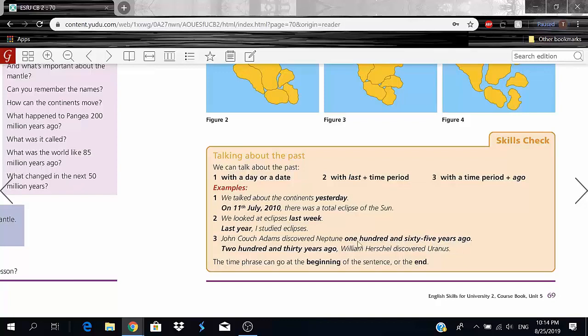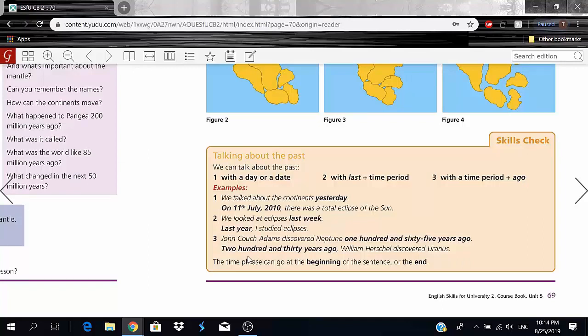See, I can't just say 165 years and stop. No, I gotta say ago to indicate that I'm talking about the past. Okay? So, John Couch Adams discovered Neptune 165 years ago.